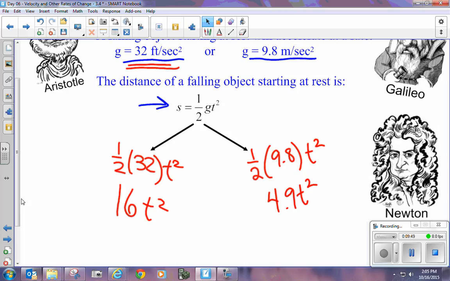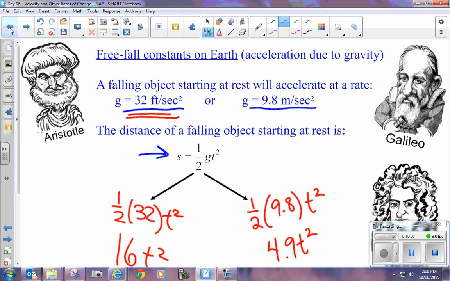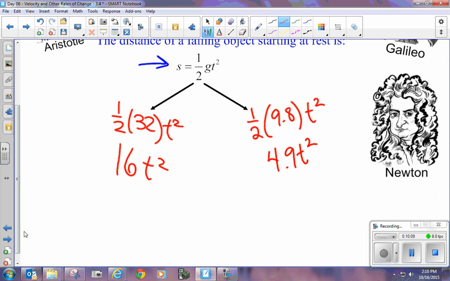Alright? Okay, here. A ball is dropped from the top of a 200-foot building. How long does it take to hit the ground? Well, if this is in feet, I'm going to use 32, right? But when I do that, that is 16t squared.